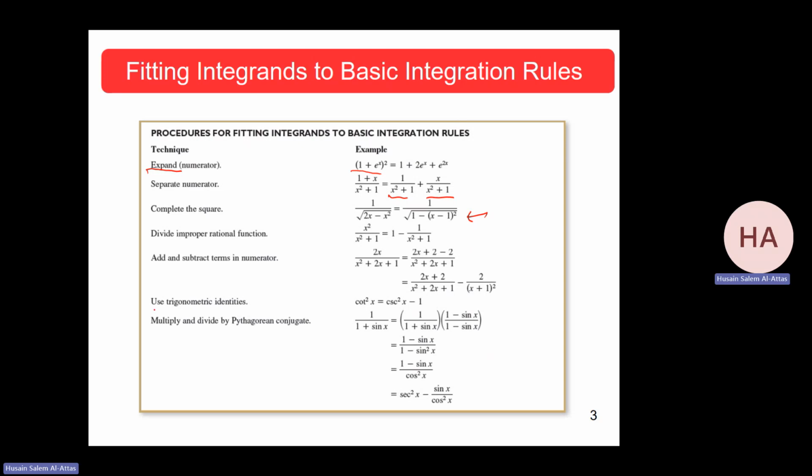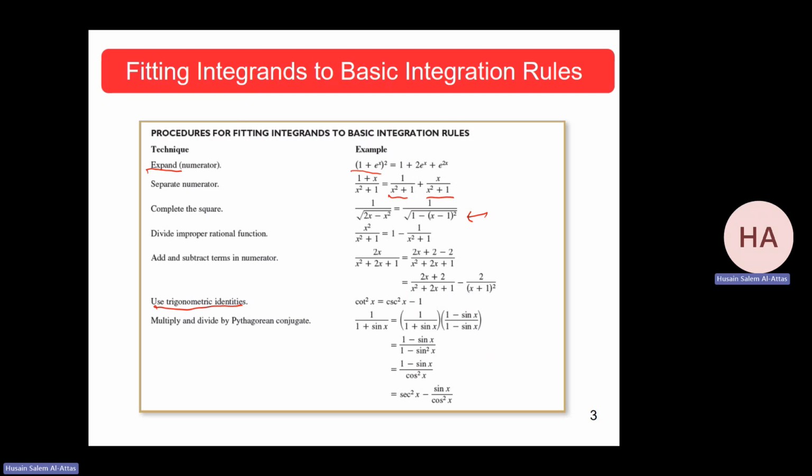Sometimes you use the trigonometric identities to do the integration. Like if I want to do the integration of cotan squared, there is no quick formula, but I make it cosecant squared minus 1, and I have formulas for that.